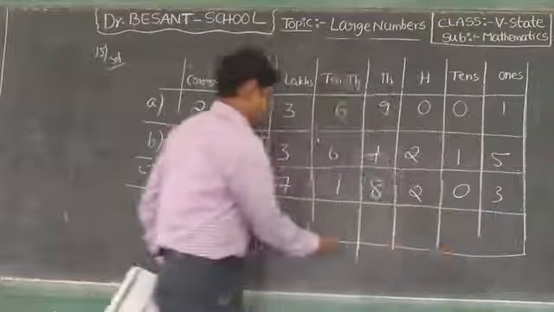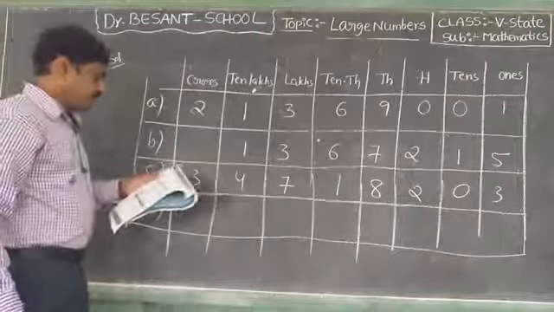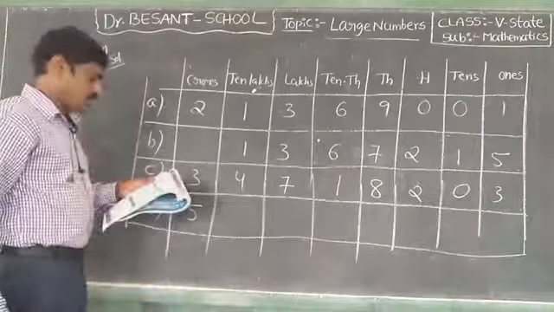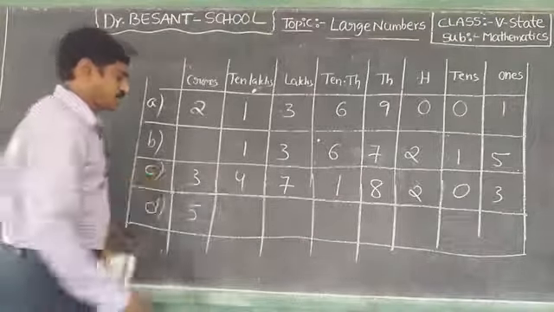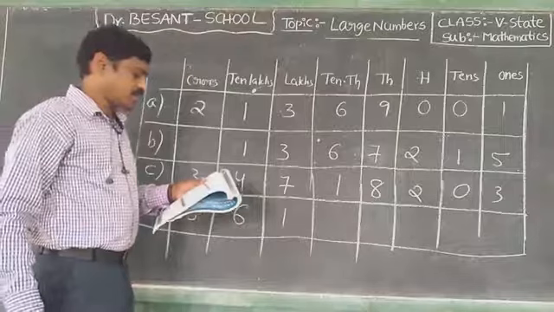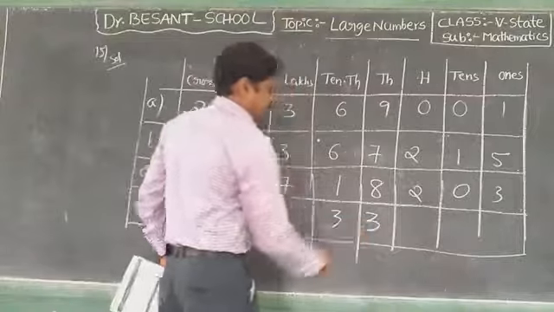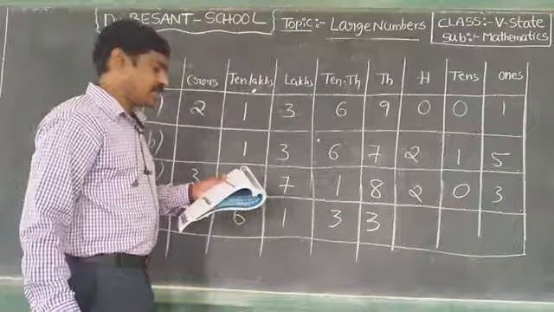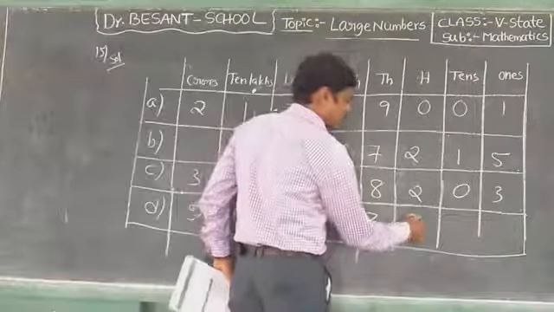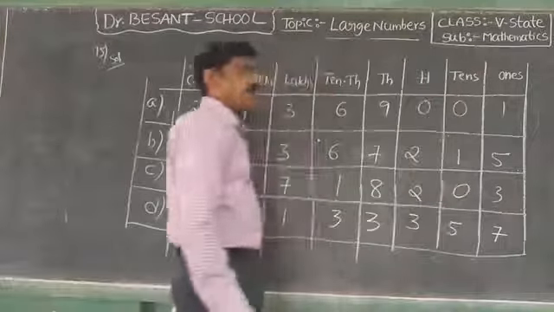Next, last. What about D? 5 crore, 61 lakh, 33,000, 357.